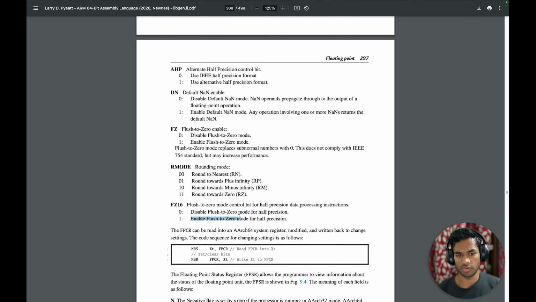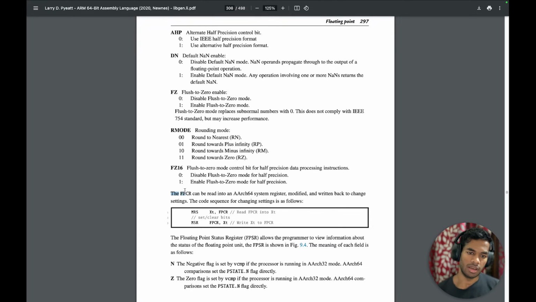Enable flush to zero mode for half precision. Half precision uses 16 bits, so the 16 signifies that, I think. The FPCR can be read into an AArch64 system register, modified and written back to change the settings.